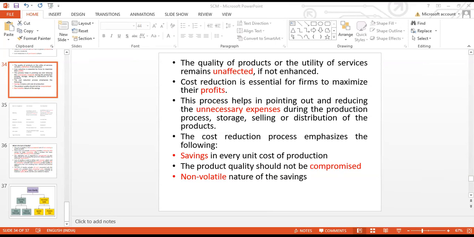If the resources are idle with the organization, at that time what will happen, it will increase the liability of the organization. Getting this? So all the resources, it may be labor resources, material resources, machinery resources, or sales force, we will try to utilize these resources with 100% efficiency, so that the profitability level of my organization will increase.